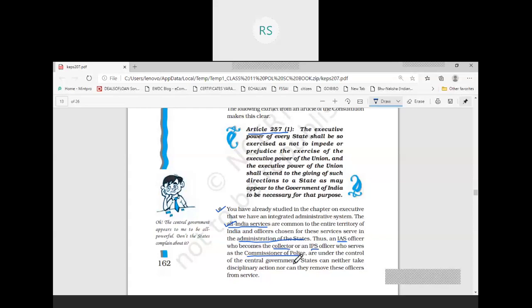The state government cannot start any disciplinary action against them, and also cannot remove these officers from service. All these things can be done by the center. So this is also a tool through which our center controls the governance of the state.